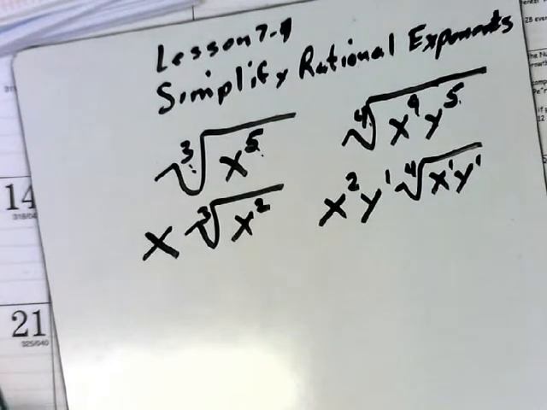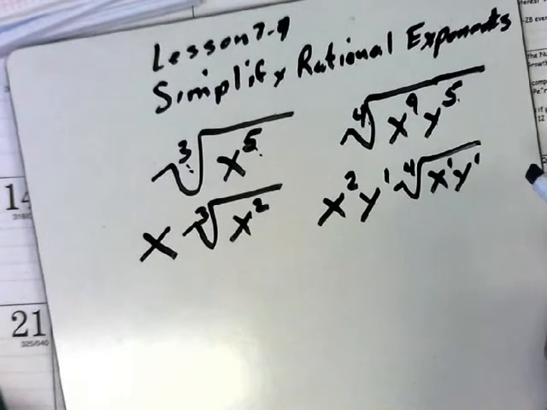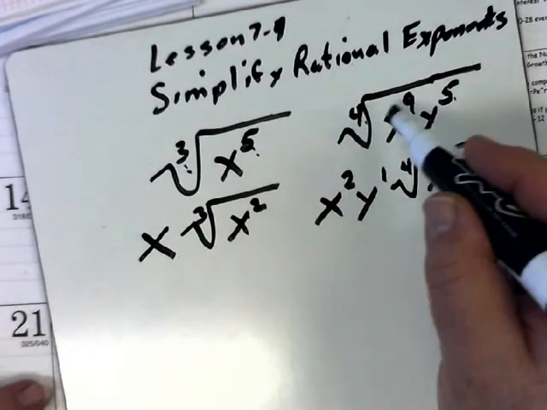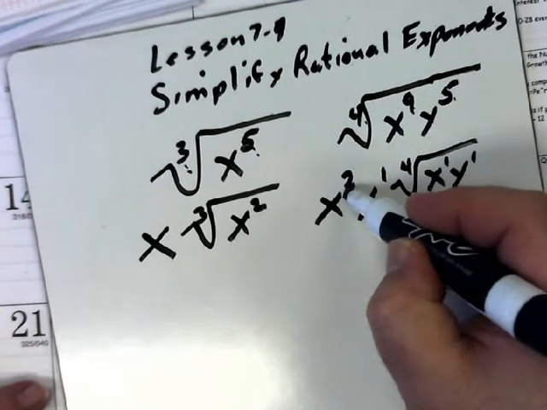Okay? So if it goes in there once, do you have to put a 1 as the exponent? You don't have to, but I just wanted to show you where the one came from. We did it on the first one and we did it on the second one. They both mean the same. 4 goes into 9 2 times, right?